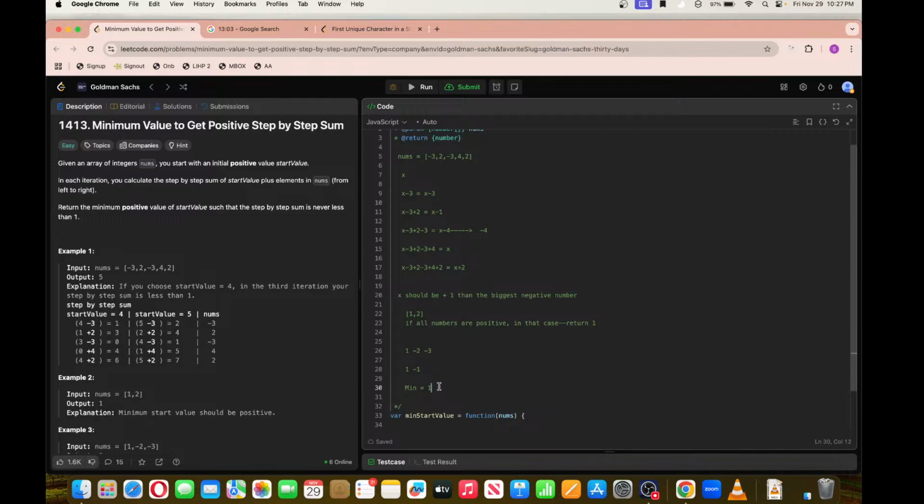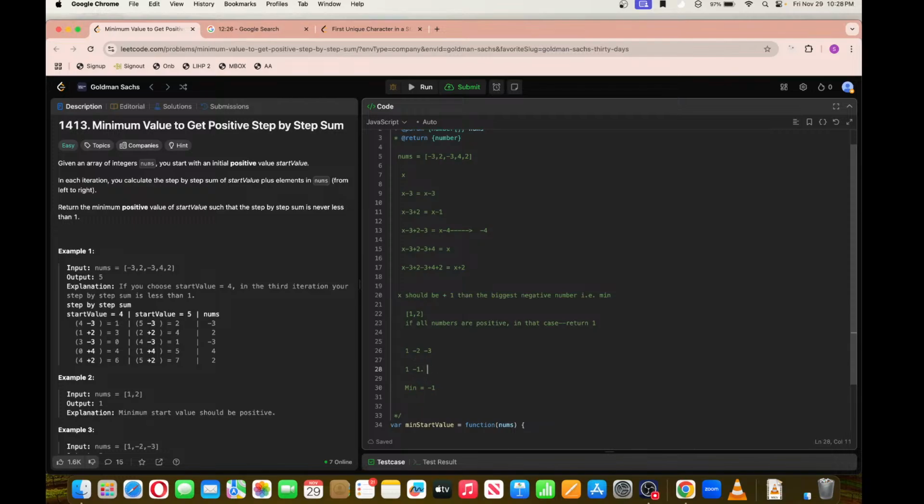So I need to find the biggest negative number, which means I need to find the least minimum. In the beginning, let's say I initialize minimum as 0. Then the first sum is 1, so minimum is still 0. 1 minus 2 is minus 1, so minimum will be minus 1 now.